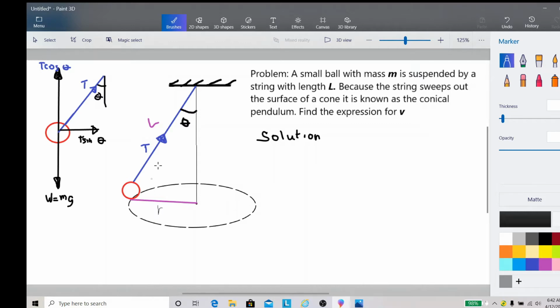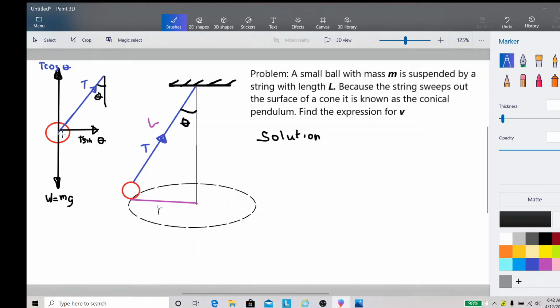Now, if we try to analyze, this is theta, the angle that it makes with the vertical, and this is T. This is our r. So that will be the centripetal force going toward the center of the circle. So I decided to analyze this ball separately here.